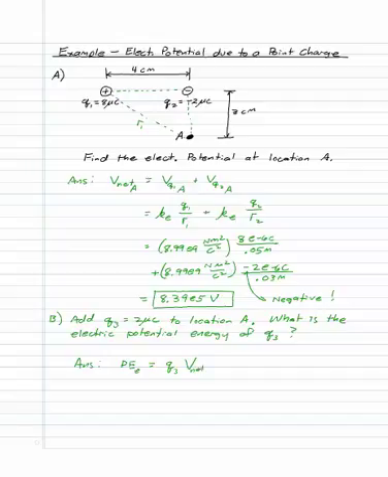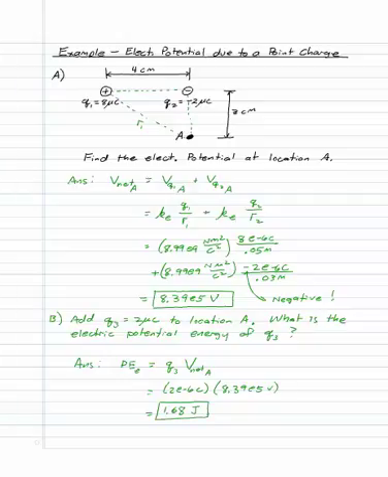So this is the net electric potential at point A, which is what we calculated in part A. So the charge is 2 times 10 to the minus 6 coulombs, and the electric potential is 8.39 times 10 to the 5 volts. So that comes out to be 1.68 joules. Joules because potential is energy.